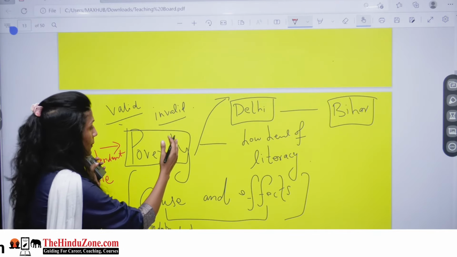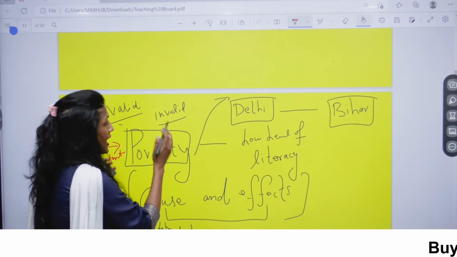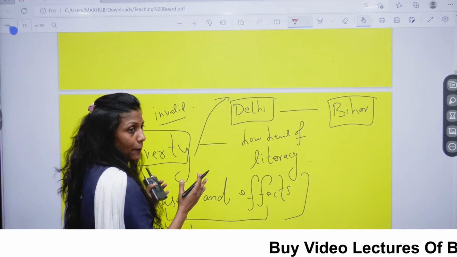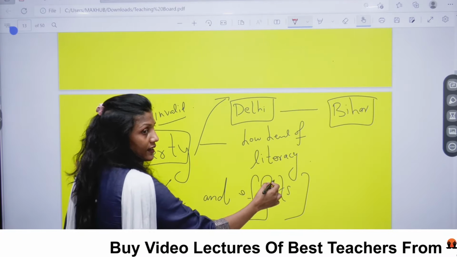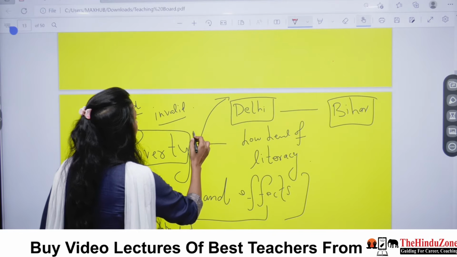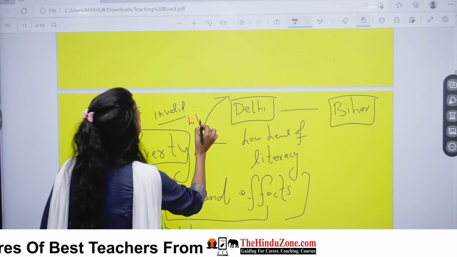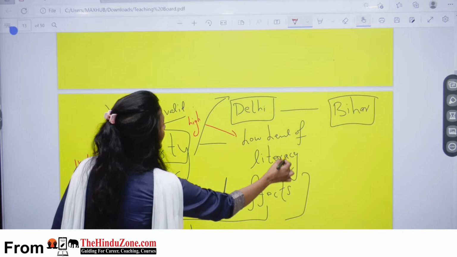If I'm saying that because of poverty, if there is a high level of poverty, it has only happened because of a low level of literacy. So if the poverty, let's just say, is high, then we are having a low level of literacy.